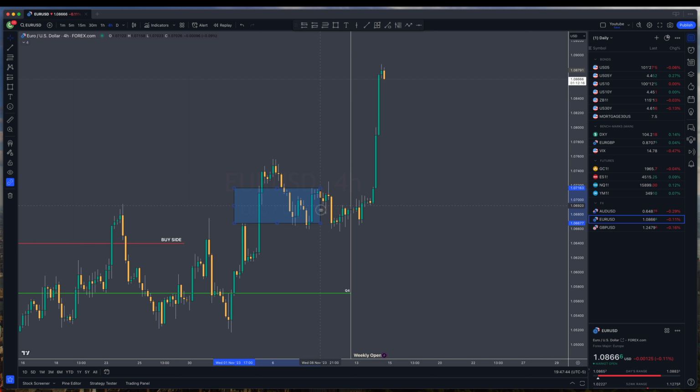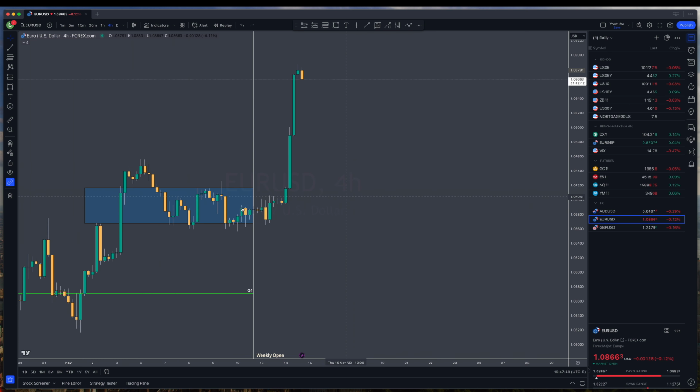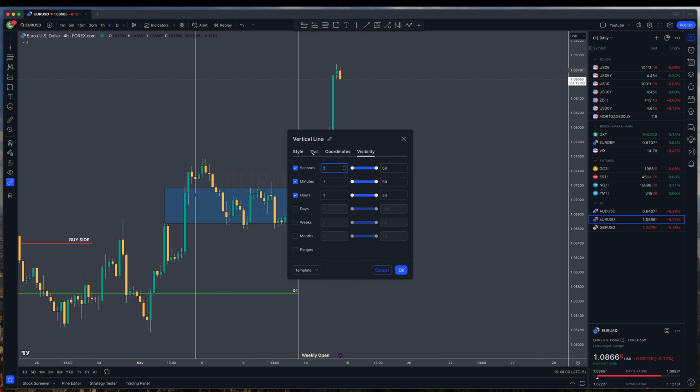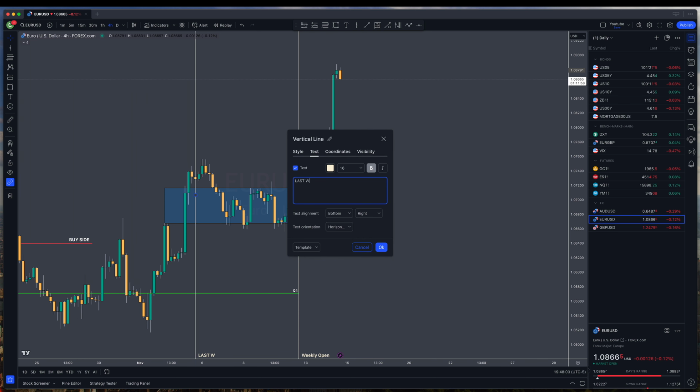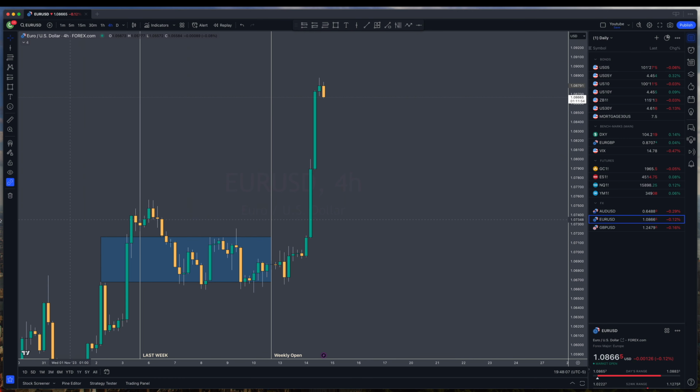Now I'm going to drag that over to this week's open. And I'm also going to mark out last week's open as well, just so that I can have that in mind. And it is right here, and I'll just mark it. And then from here, the only thing that I'm going to be doing on the 4-hour is marking out that weekly open.